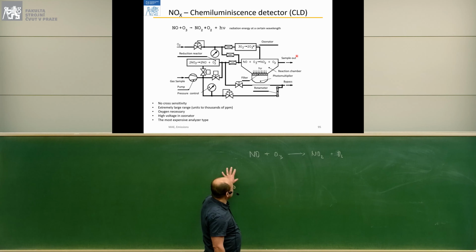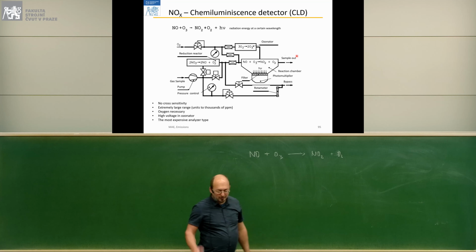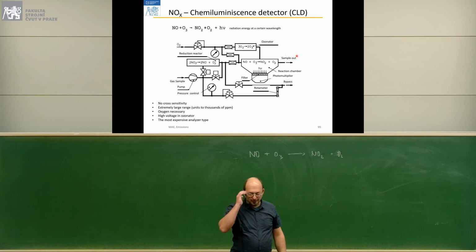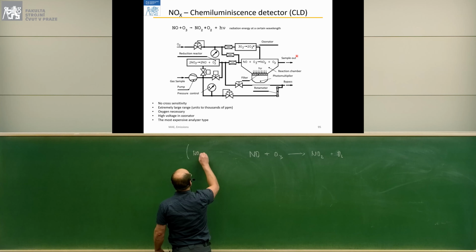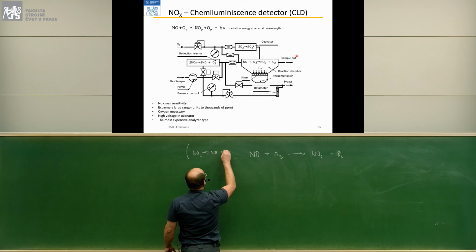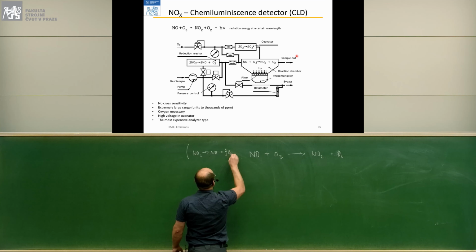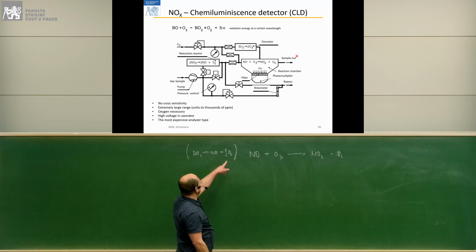So you have oxygen from which you produce ozone, and then you have a sample containing nitric oxide. Now, what happens if you want to measure other compounds of nitrogen? If you want to do that, you decompose nitrogen dioxide into NO and oxygen.